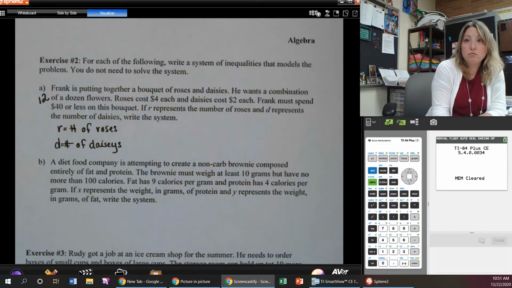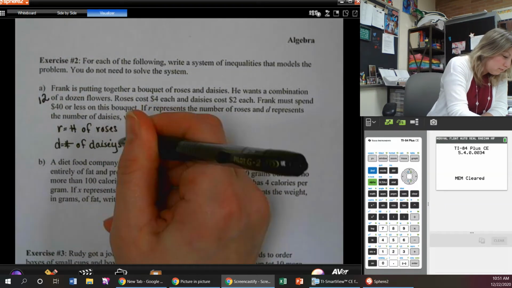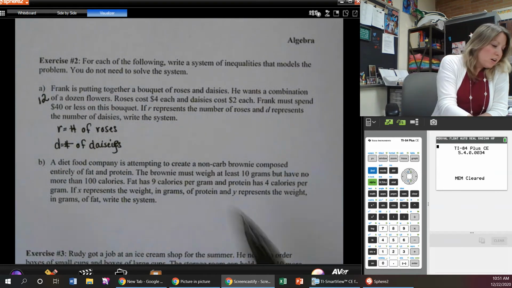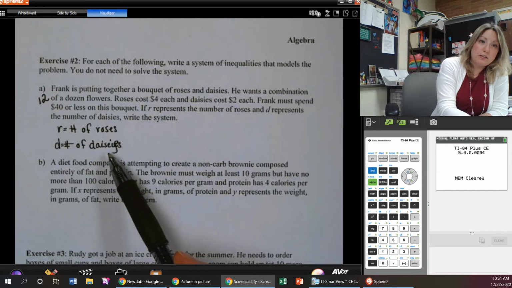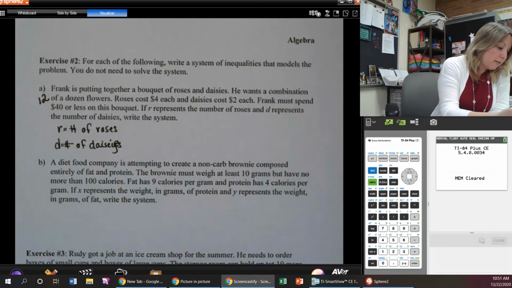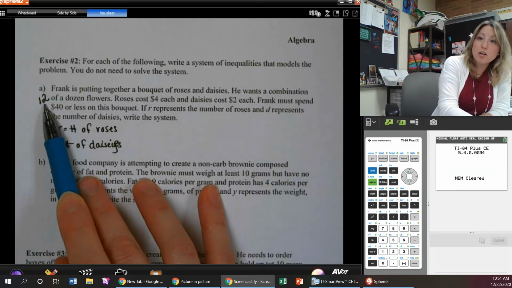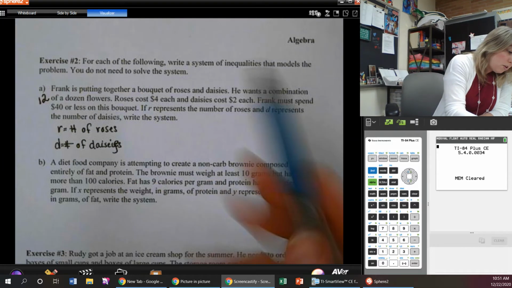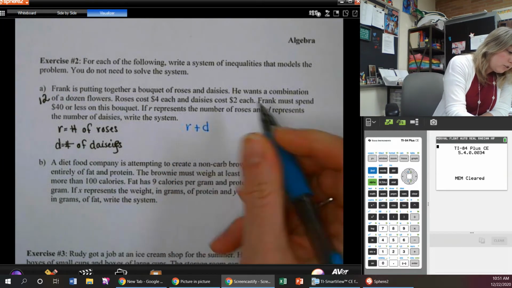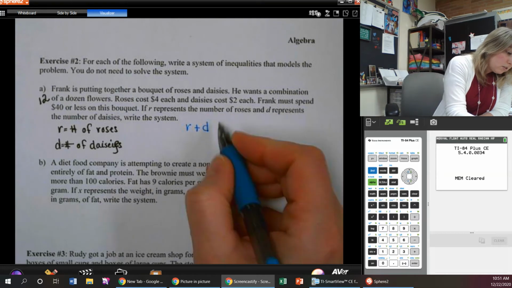Oops. There we go. Fixed. Okay. Now let's create two inequalities that model this. So the first inequality is going to be just a total, right? How many total flowers does Frank want in the bouquet? He wants 12, a dozen. So R plus D needs to be a dozen.